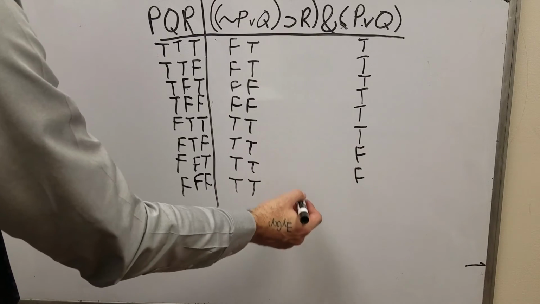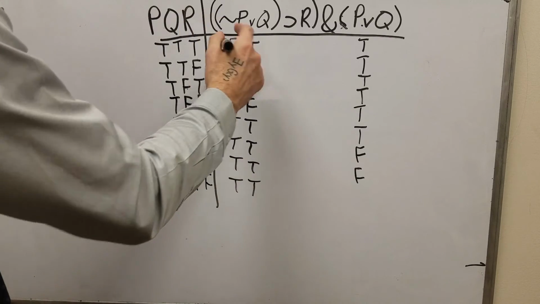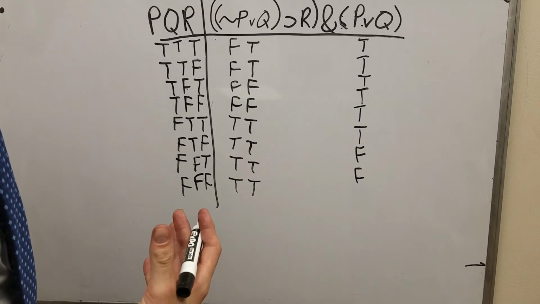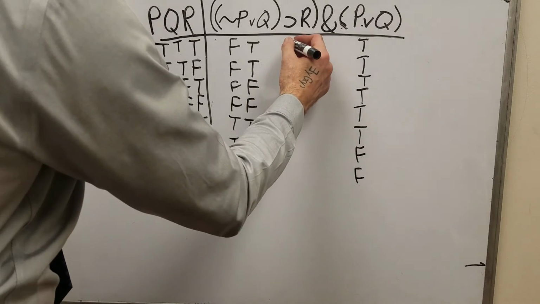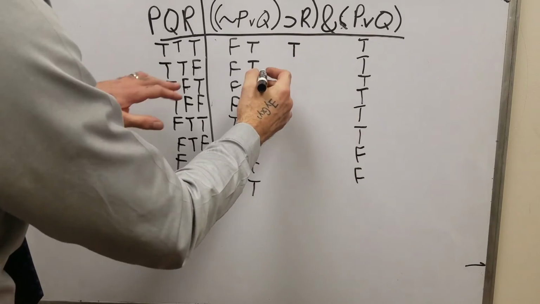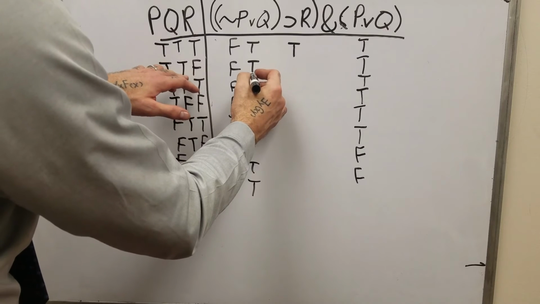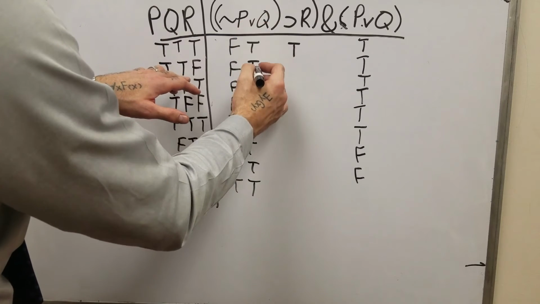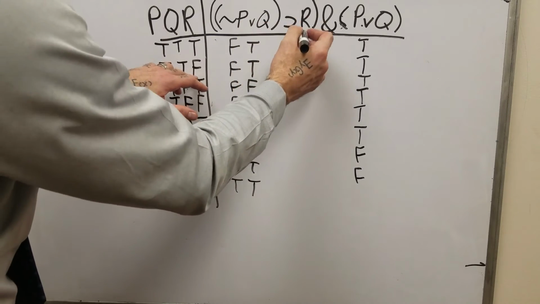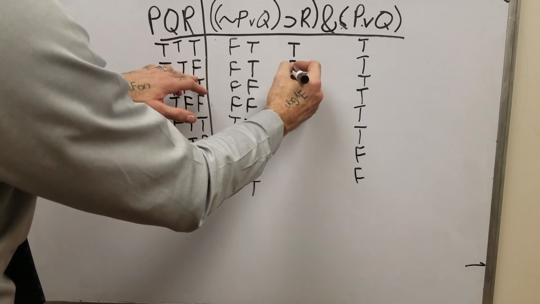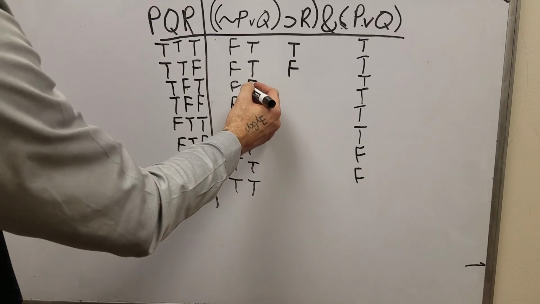Now, what about the conditional here? Well, remember, anywhere the antecedent is false, the conditional is going to be true. So it's true here. What about here? Well, look, the antecedent is true, the consequent, which is R, is false, so it's false there.